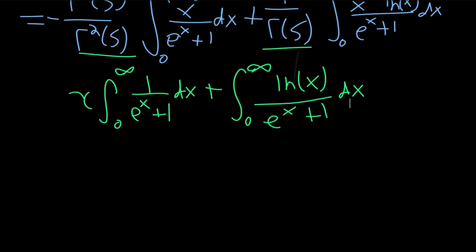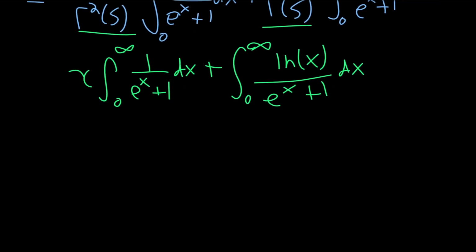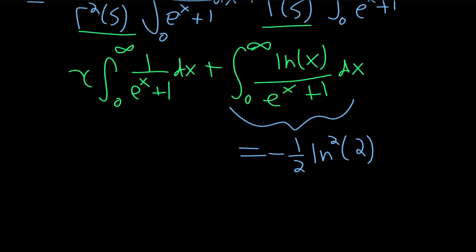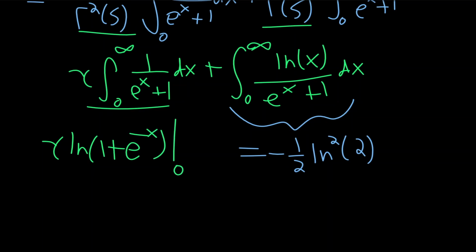Now, if you remember the previous video, we evaluated this exact integral right here. So we found that this right here was just equal to negative 1/2 of natural log squared of 2. We can evaluate this one right here pretty quickly, actually, because we find that its antiderivative is just going to be Euler-Mascheroni constant out front, obviously, because it is a constant, times natural log of 1 plus e to the minus x, and then evaluate that from 0 to infinity.